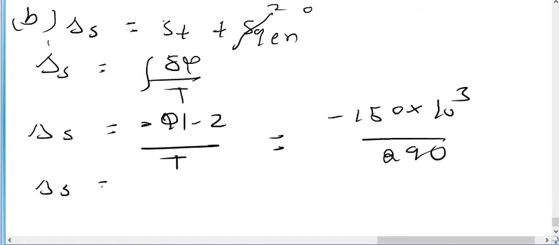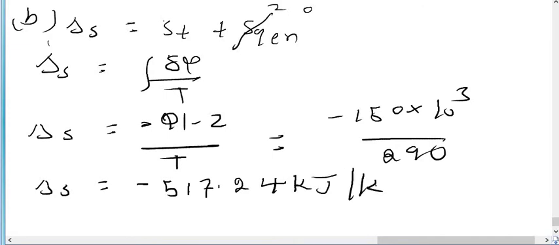By computation I get minus 517.24 kilojoule per Kelvin. So that is the entropy transfer.